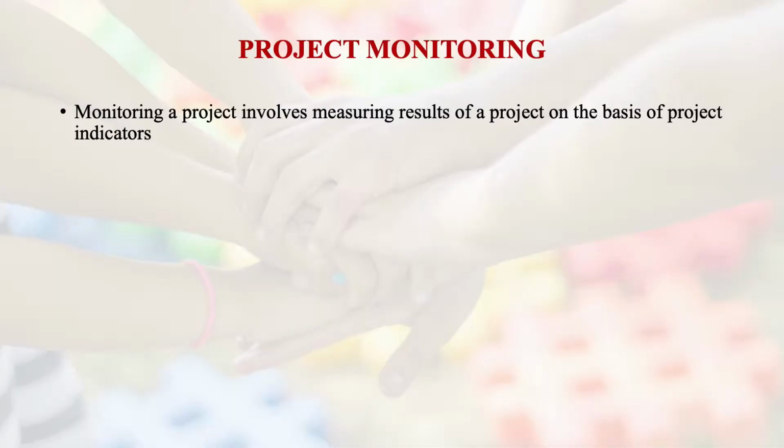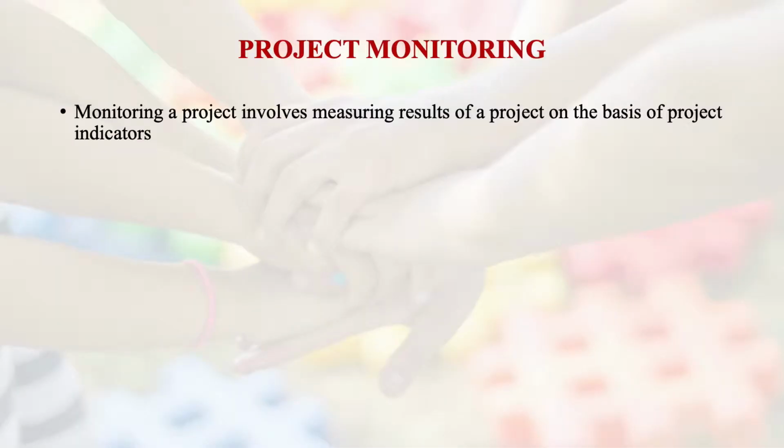So this can be done by tracking the results on a specific timeline basis. When I show you the screen recording of how to prepare the monitoring and evaluation report, you'll get a better idea of what I am talking about now.